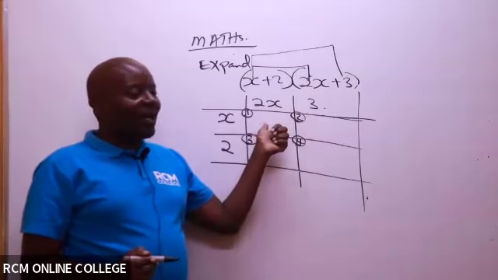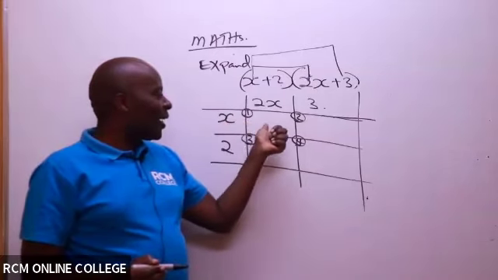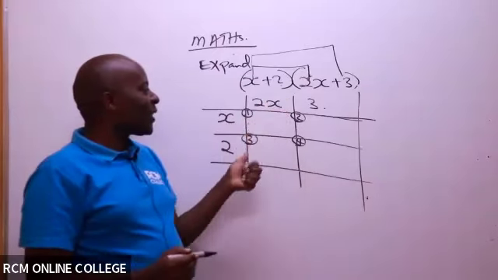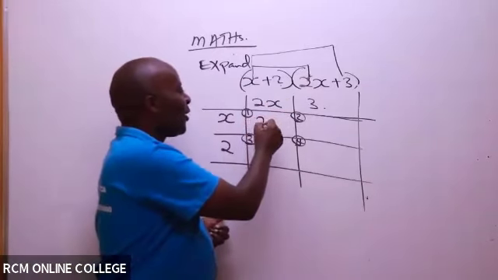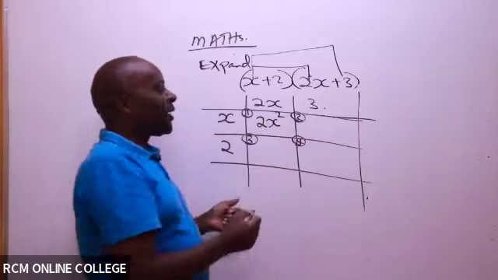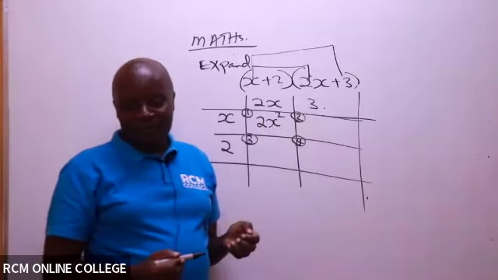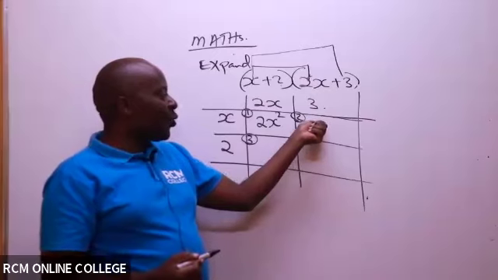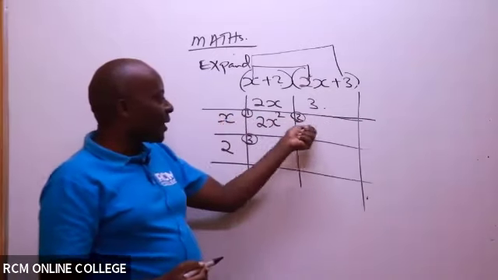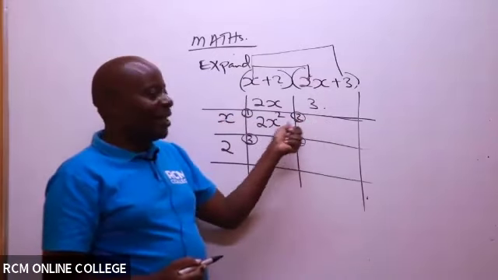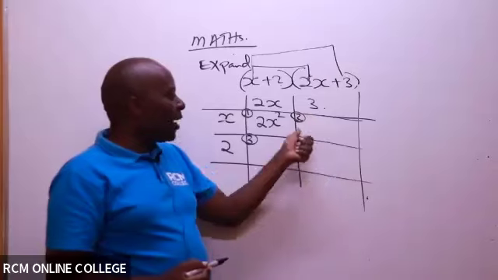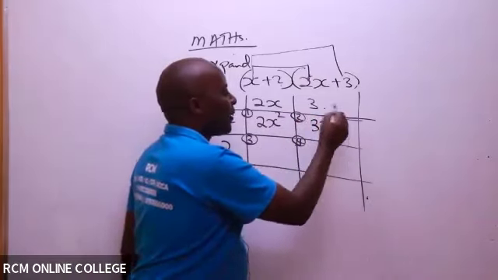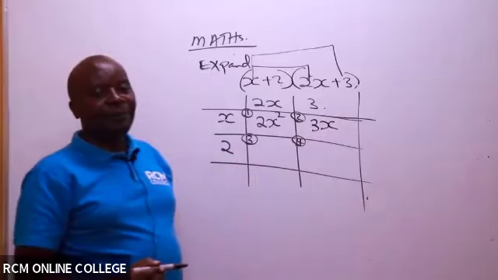So for square 1, I'm multiplying this x and the 2x. When you multiply those two, you'll get 2x squared. And then square 2, you can see what is meeting. So square 2, I'm taking this x and the 3. So x times 3 gives us 3x.